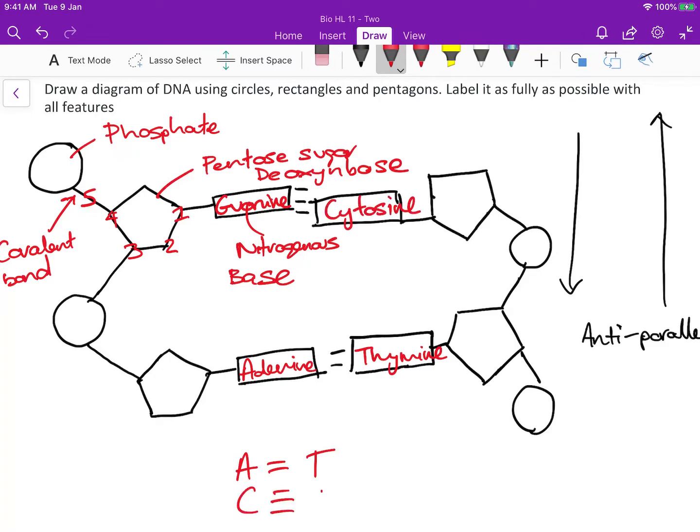C pairs with G. And we can remember CG3, they all rhyme. A and T, T for 2.